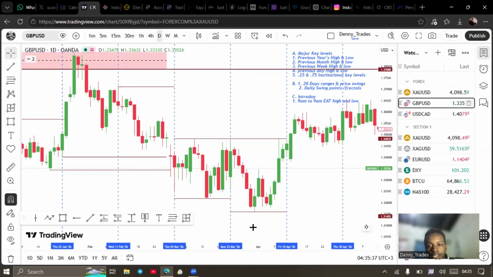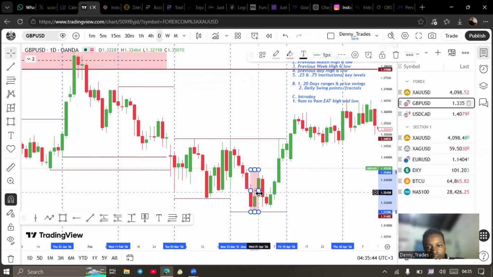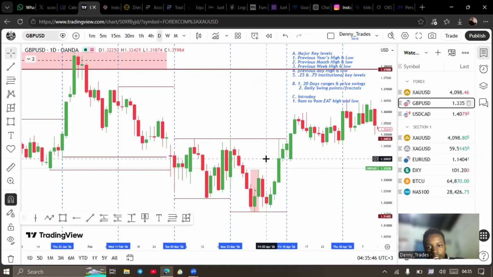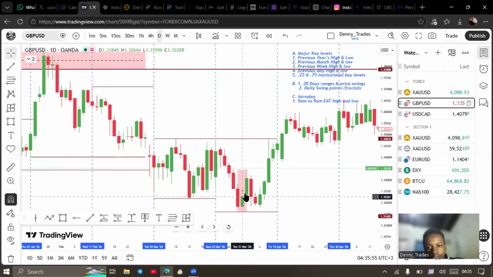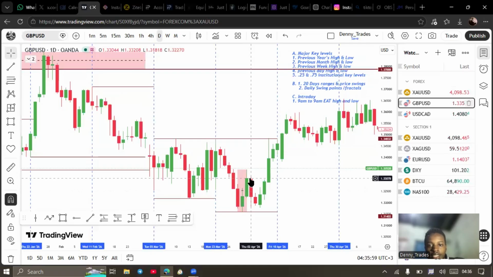And here you can see we had our first daily swing low, okay, three-bar candle pattern. But then again, it formed a swing high, which is also a three-bar candle pattern, signaling bearish prices.